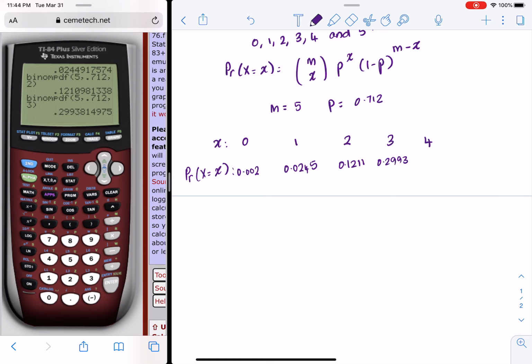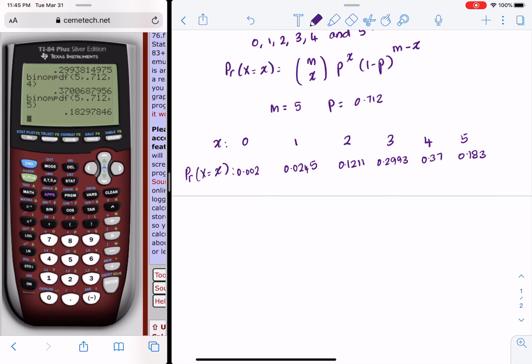The probability of 4 is 0.37, and the probability of 5, we'll call it 0.183. So what we have here is a discrete distribution, and if we add all the probabilities, it is going to sum to 1.